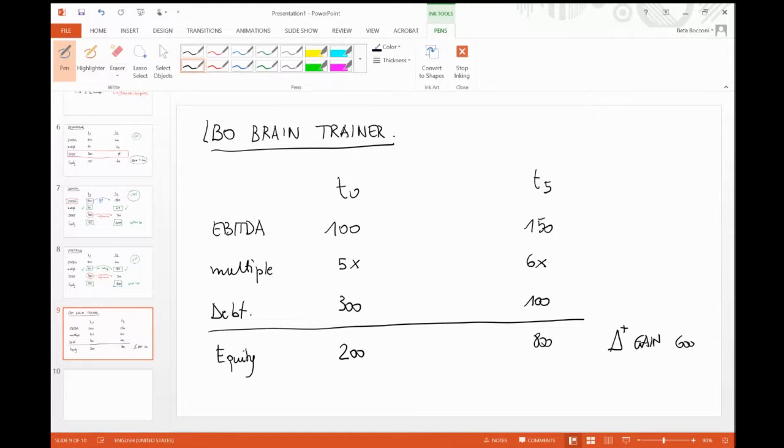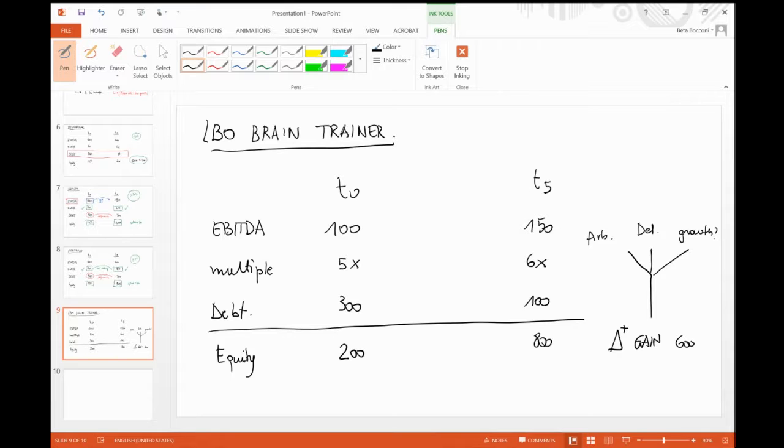So my point for you with this LBO brain trainer is the following. Can you disentangle this 600 in the 3 components of arbitrage, deleverage, and growth? Just one tip for the brain trainer. You will find the solution this afternoon in Blackboard. Clearly, in this case, you are changing simultaneously the three levers: EBITDA, multiple, and leverage.